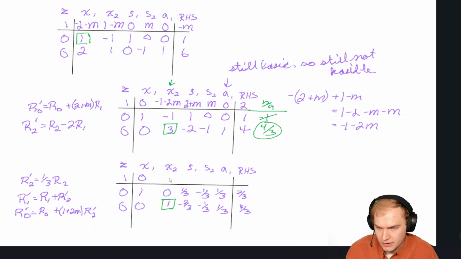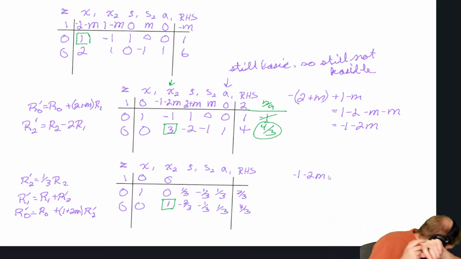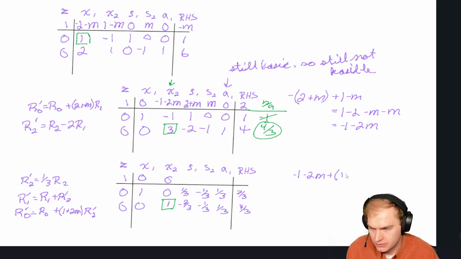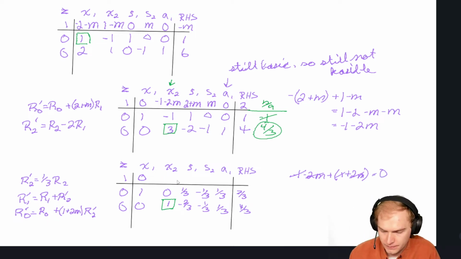Let's just verify that. Negative 1 minus 2m, plus 1 plus 2m. The 1's cancel, the 2m's cancel. Yeah, that's 0. Good. I did that right.